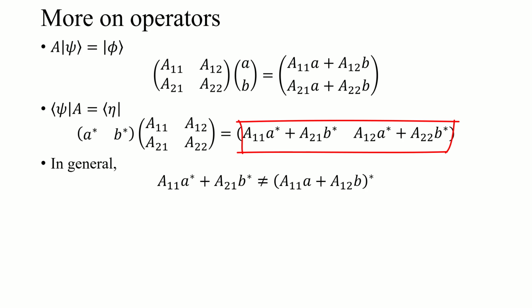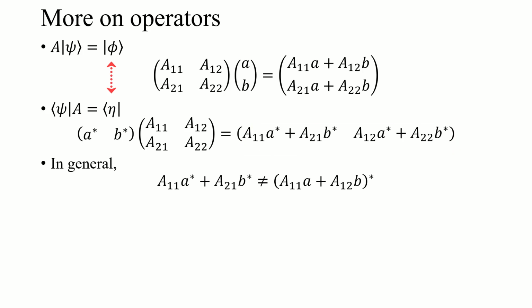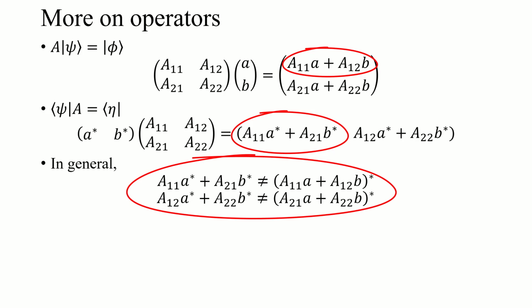Now, if that eta bra was the corresponding bra to the ket phi, this element of the row vector would be the complex conjugate of this element of the column vector, and we just see for both of those elements that's not generally true.